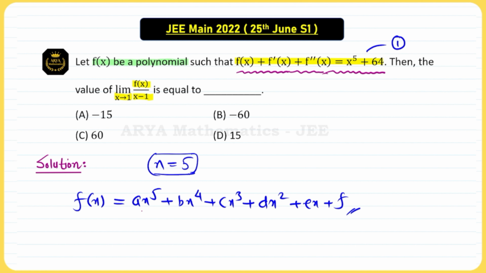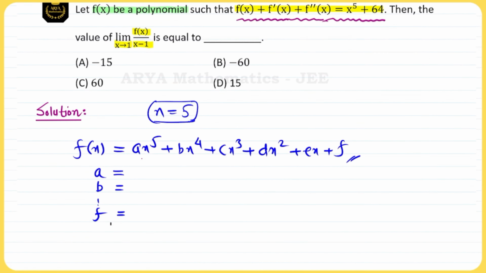So substitute in equation 1, and by equating the coefficient of same power of x from left hand and right hand side, we'll get different equations. So using those equations, find the value of a, b, c, d, all of those variables, and in this manner find the value of f, right? And once you get these values, then you will get the function, right? So find these variables, from there calculate f(x), and then once f(x) is known, then we can find limit x extending to 1 f(x) divided by x minus 1.